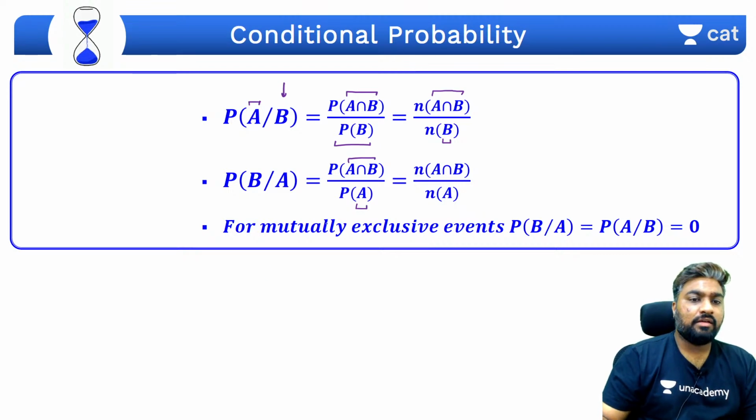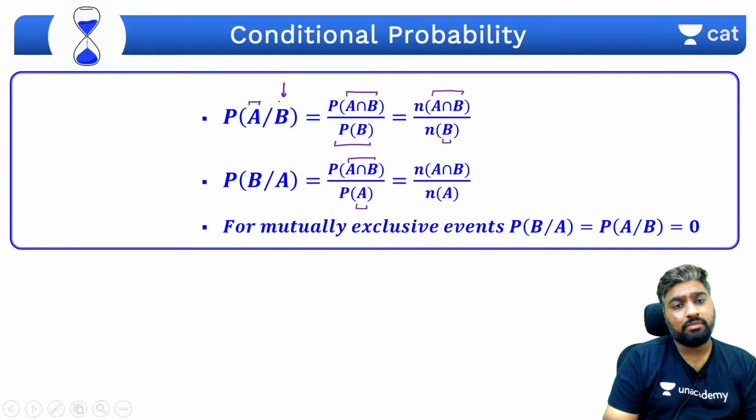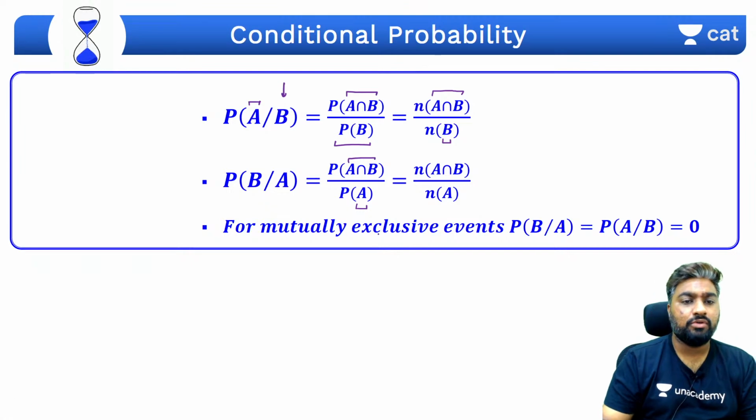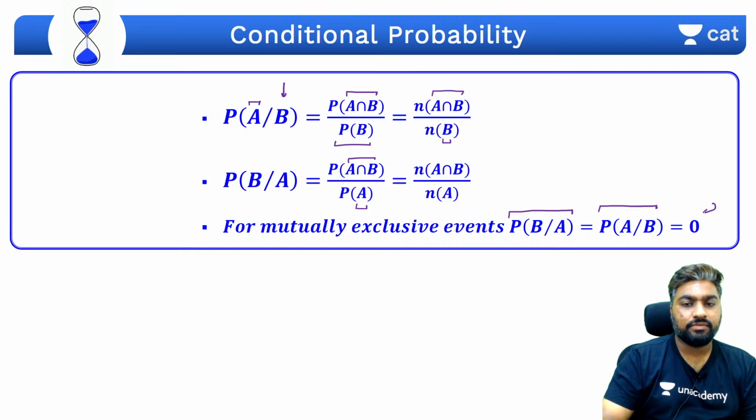Now what are they saying? Mutually exclusive events cannot happen back to back. The probability of one event cannot affect the probability of the next event. Those are called mutually exclusive events. In mutually exclusive events, the probability of B when A and the probability of A when B both will be 0. Got it?